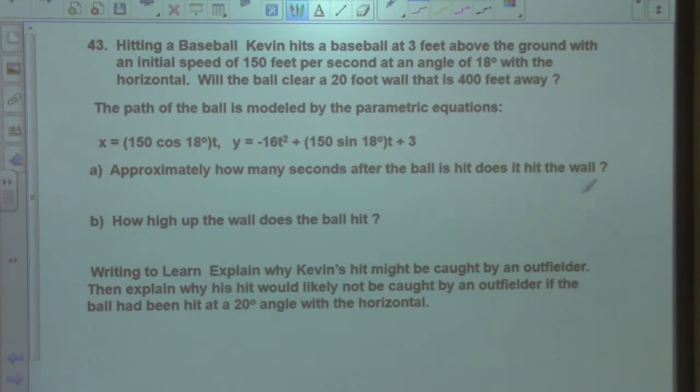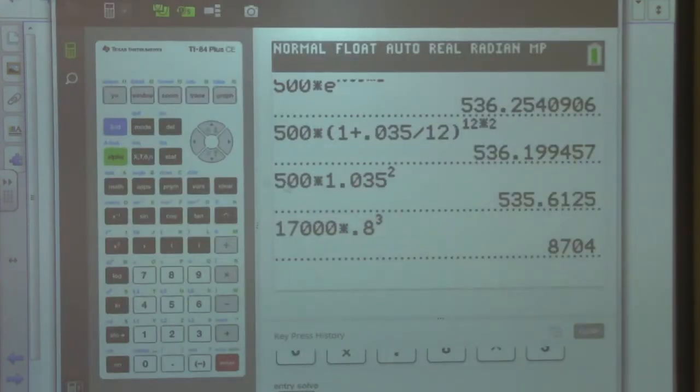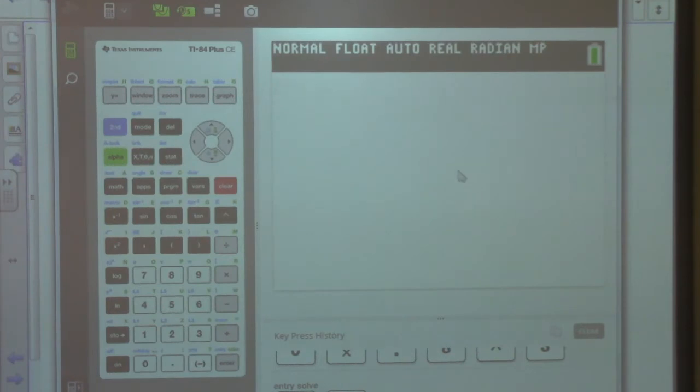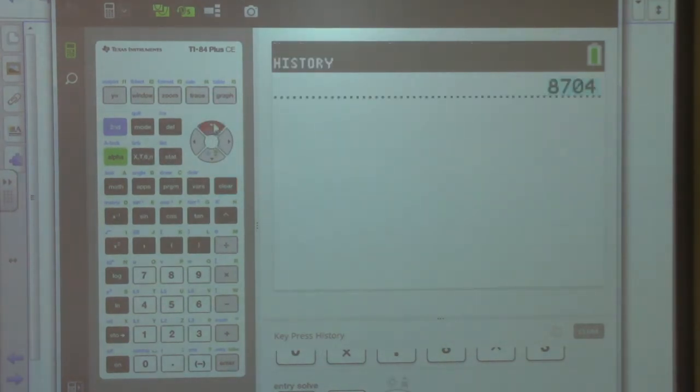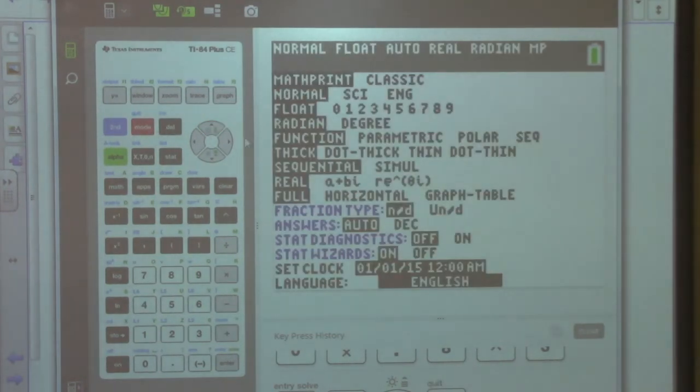A lot of this has to do with setting the window right. So here we are back to our calculator. One thing we need to concern ourselves with is that the parametric equations we deal with are in degrees, so we need to make sure our calculator is set to degrees.